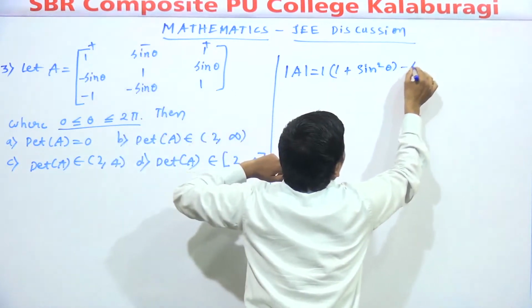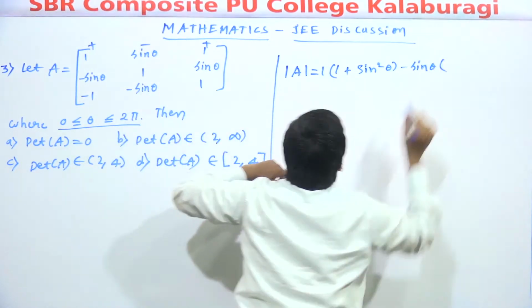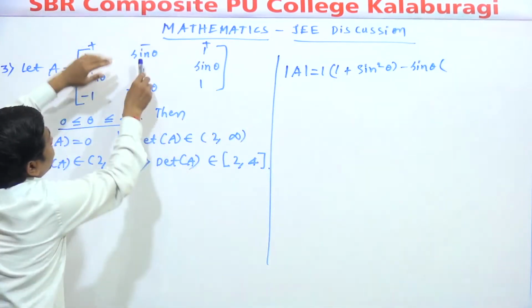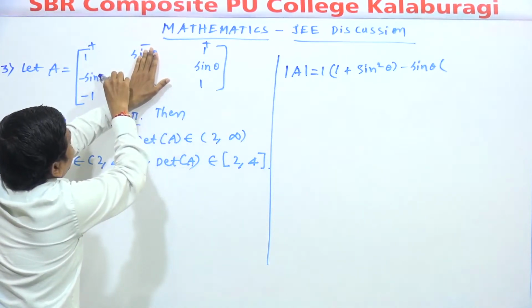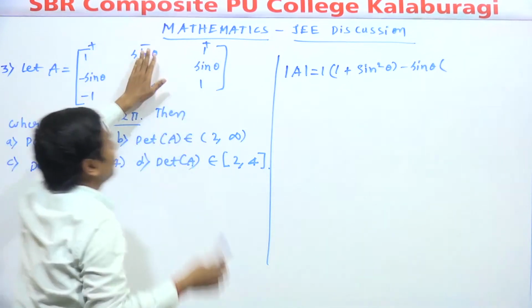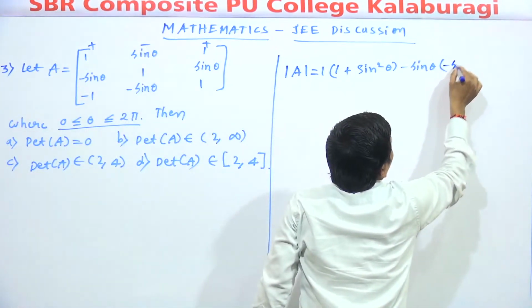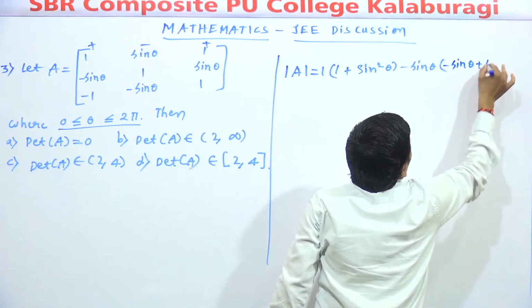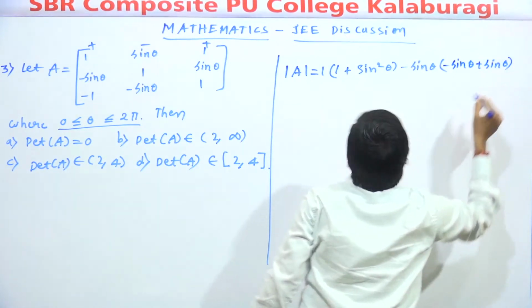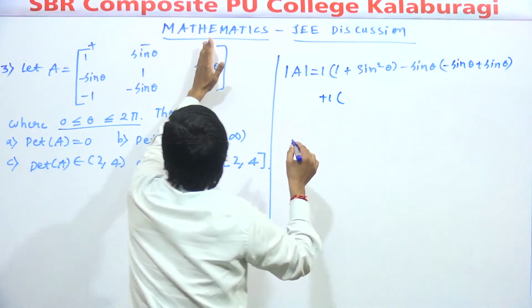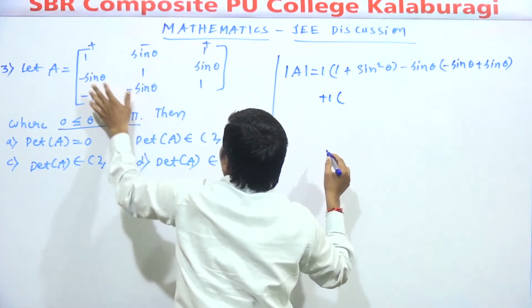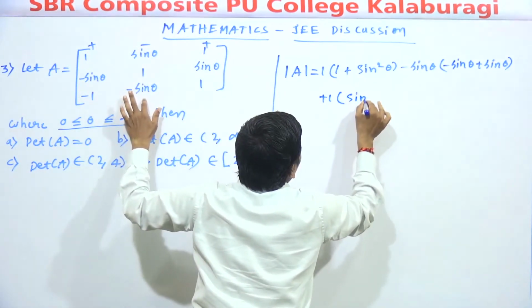Next, minus sin theta into, suppressing the first row, second column, we get minus sin theta plus sin theta. Plus 1 into, suppressing the first row, third column, minus of minus sin theta and sin theta, sin square theta.